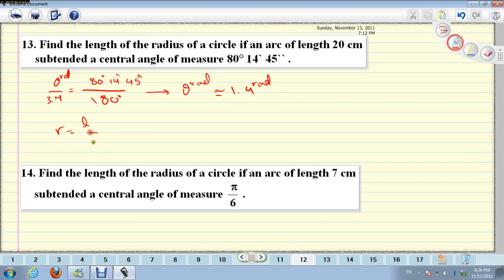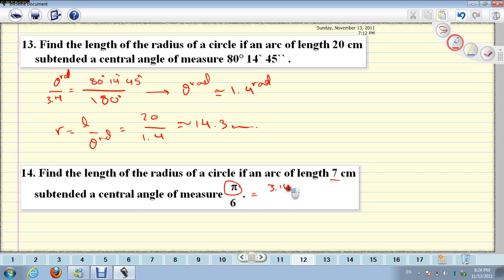This is theta rad. I'm gonna get now the length of radius, which is r. It's L over theta rad. So it's 20 over 1.4, and the answer will be approximately 14.3 centimeters. Exercise 14, find the length of radius, and this is the arc length, and this is the central angle pi, which I'm gonna replace by 3.14.